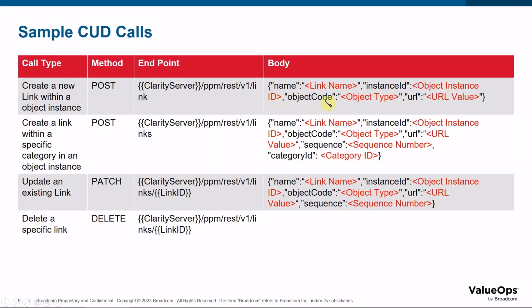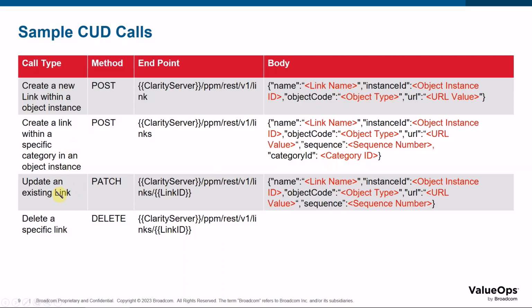You would specify the object type. If I was to, for example, create a link within the project, then I would list the object code as project and then the URL itself that I would like to use. The creating of a link within a specific category is the same, but in this case now I would specify my category ID as the 5 million number within the category itself.